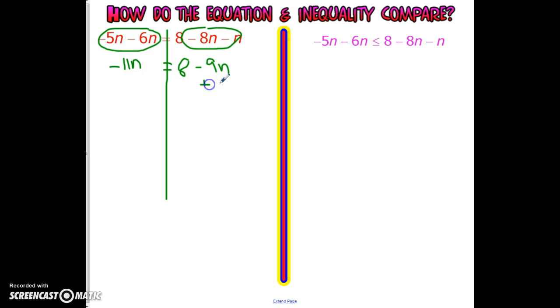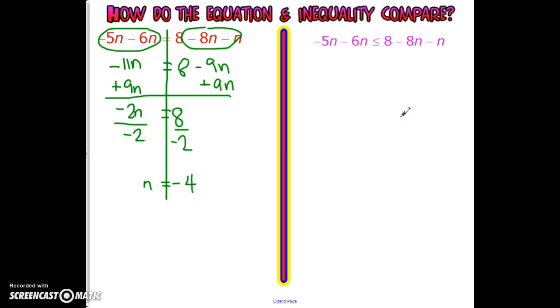Then we'll be adding 9n to both sides. Leaves us with negative 2n equals 8. Divide both sides by negative 2. n equals negative 4.